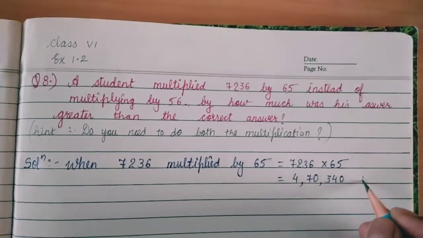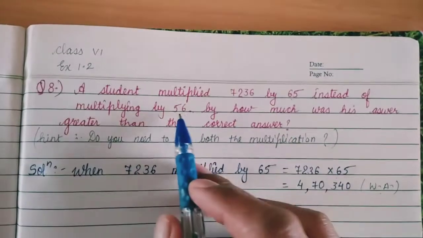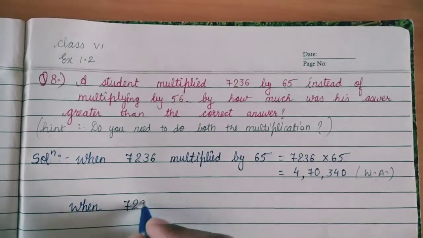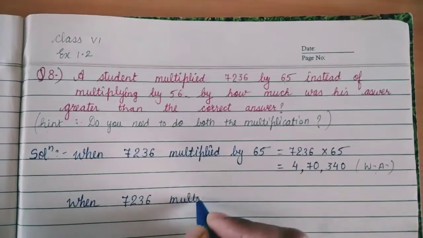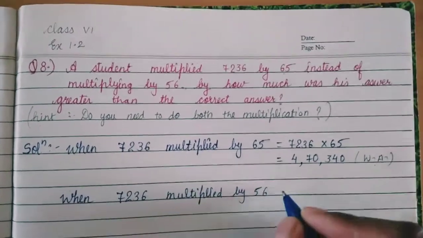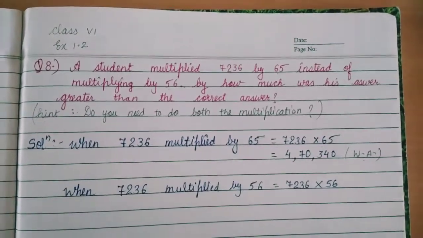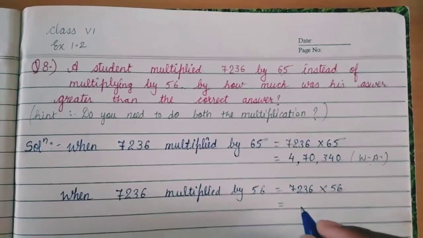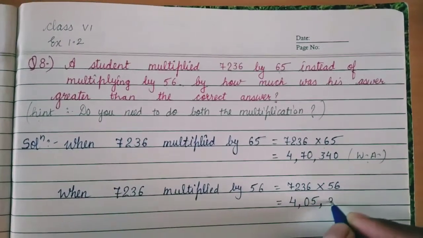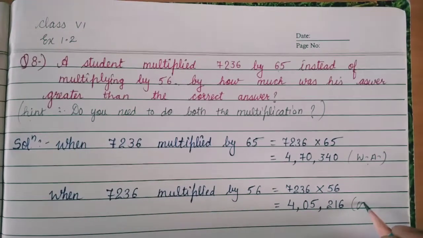He has to multiply it by 56. So the second case is when 7236 is multiplied by 56. Its answer when we multiply, we will get 4,05,216, which is the correct answer.